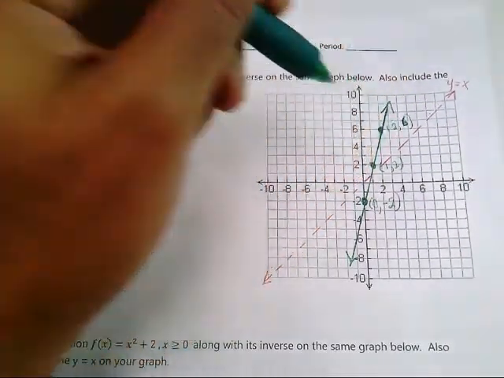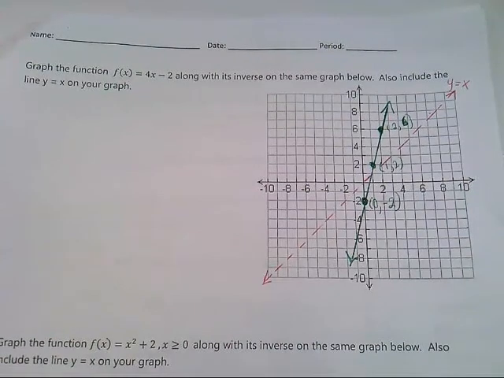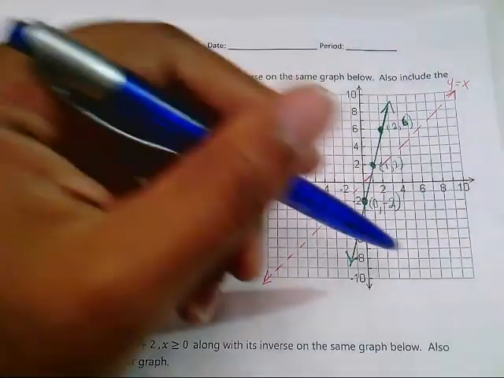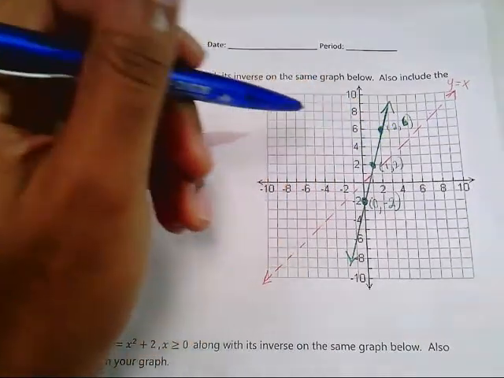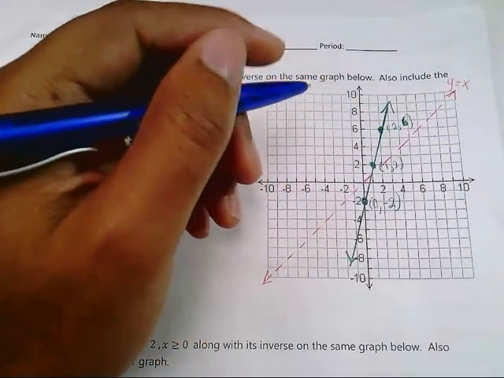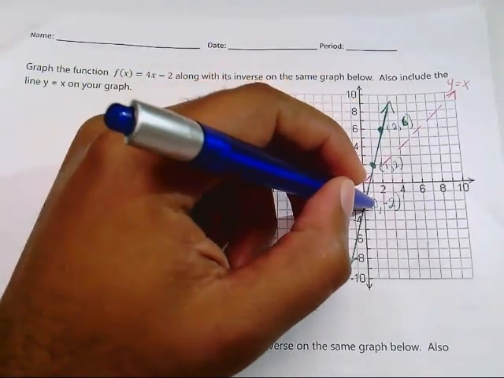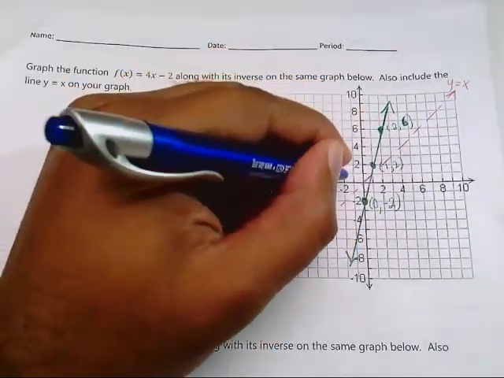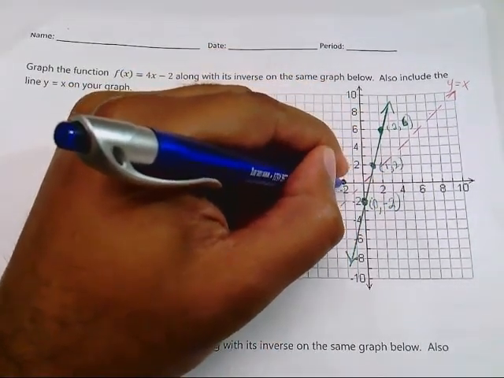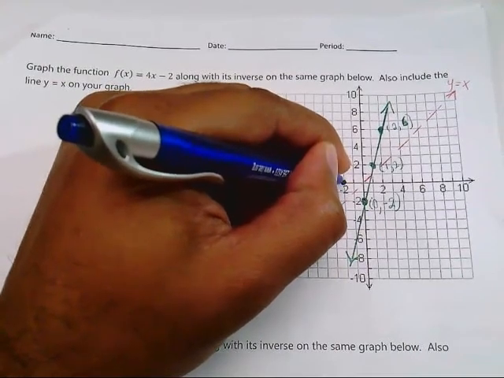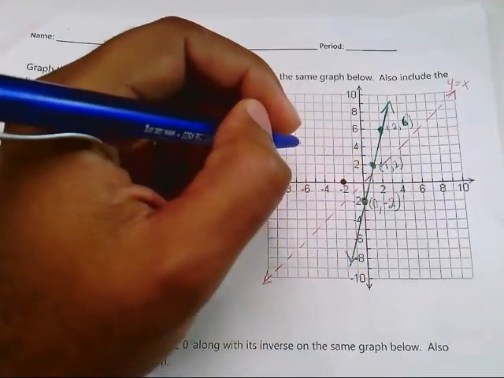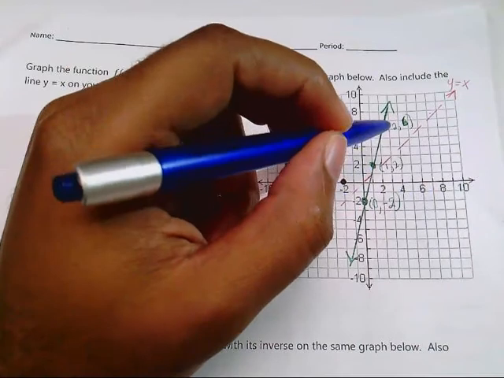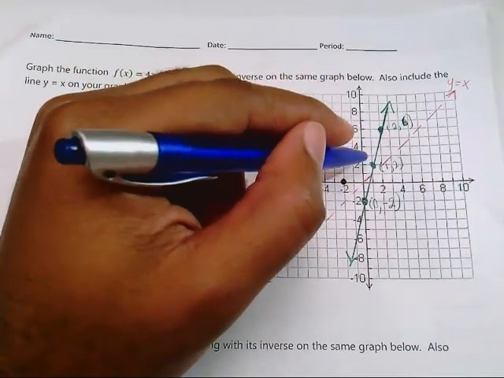So now to find our inverse, we are going to interchange the x and y coordinates to find the points that will be on the graph of our inverse function. So if this was at 0 and -2, we're going to have a point on the graph of our inverse function at -2 and 0. Because remember, the x and y coordinates interchange when you find your inverse functions.